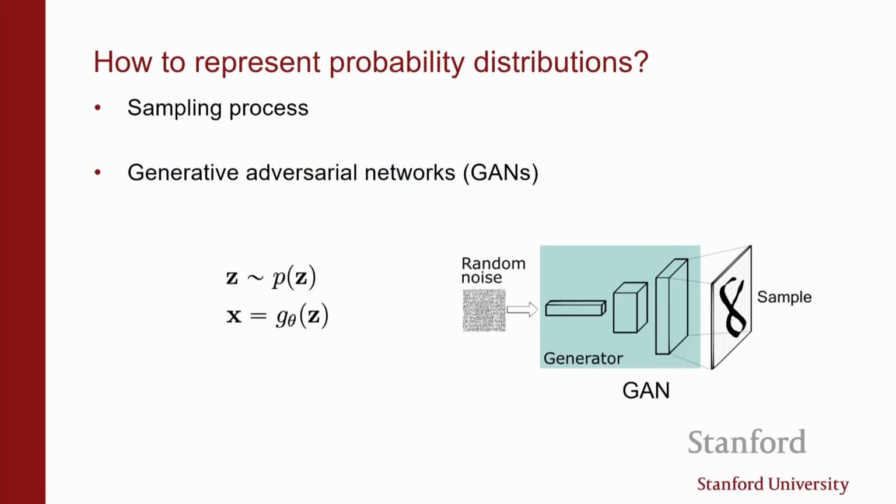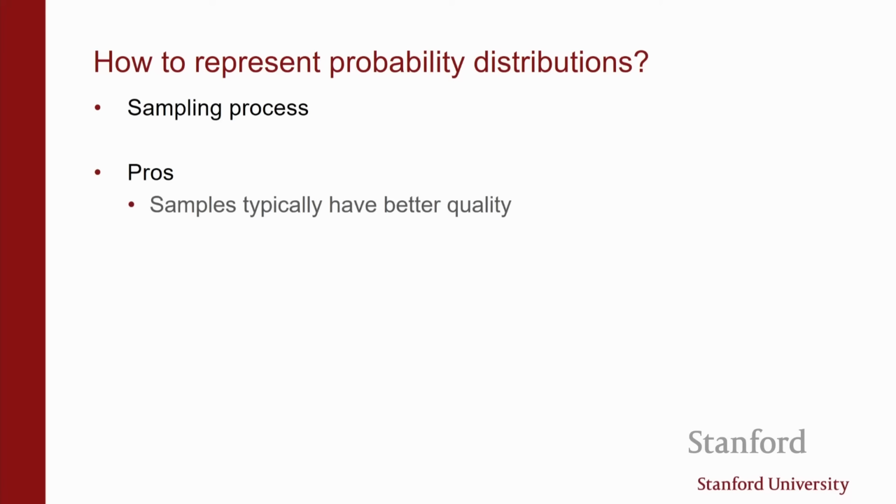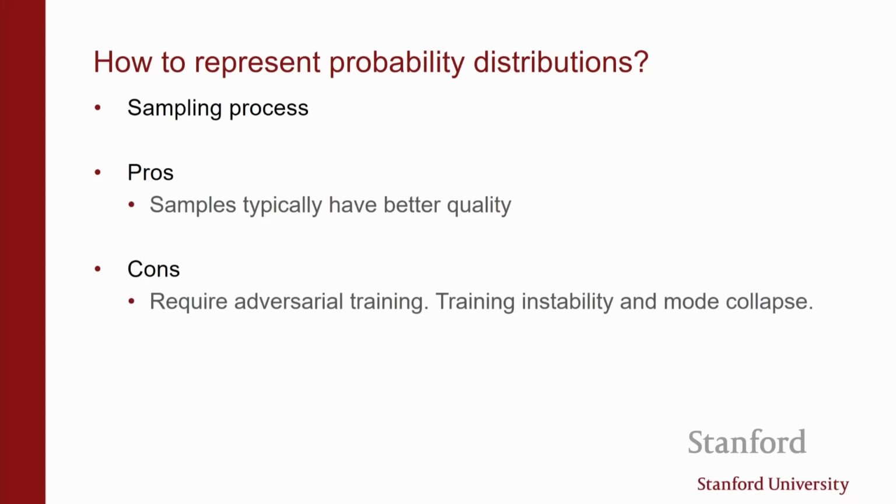The problem is that given an output from this network, evaluating how likely the model is to generate it is very hard. So you have to give up on likelihoods again. And although these models tend to work pretty well, the key problem is that you can't train them in a very stable way. You have to do minimax optimization, and that's a problem.